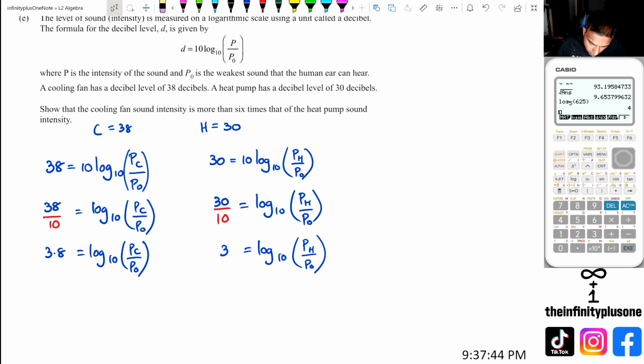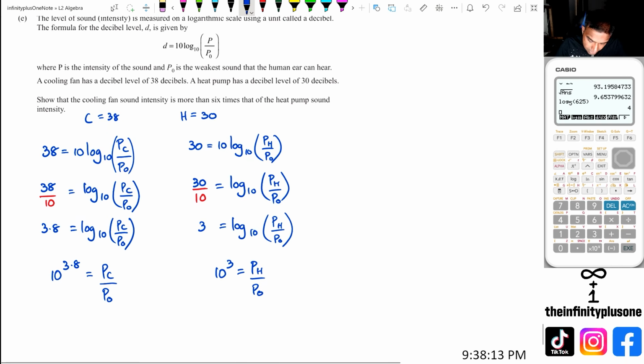So if we use the log rules, this will become 10 to the power of 3.8 = PC over P naught, because that's the log rules, remember? And likewise on the other side, we're going to get 10 cubed = PH over P naught.